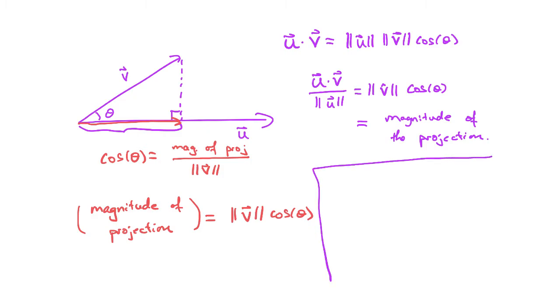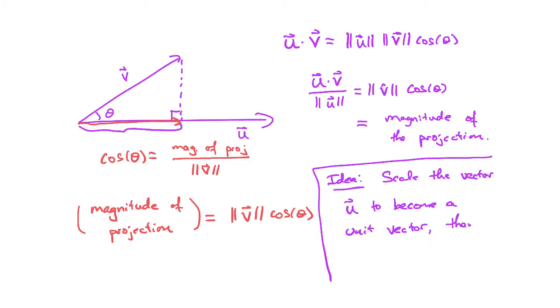So our last idea is a strategy: we scale the vector u to become a unit vector, then use the magnitude above to obtain the projection.